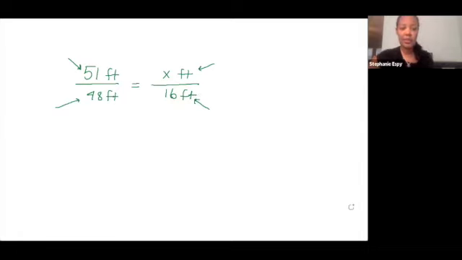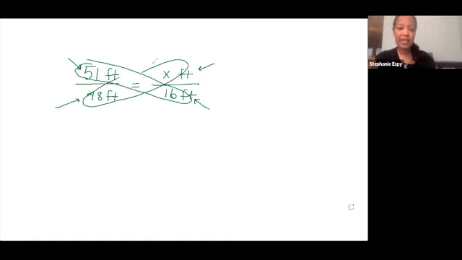So when we cross multiply and solve, we do 51 times 16 equals 48 times X. So 51 times 16 equals 48X. And then on your calculator, you can do all the multiplication and division. So 51 times 16 is 816 equals 48 times X. So divide by 48.